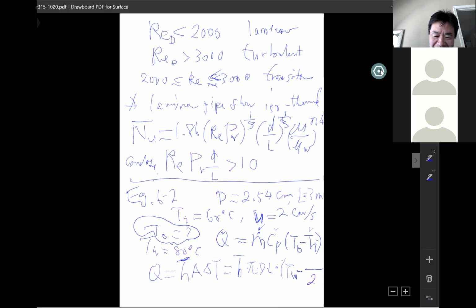Half, I put a half there. Can you see what I wrote? Everybody, it's very important. Fully understand what happens. For the pipe flow, the temperature changes linearly inside.